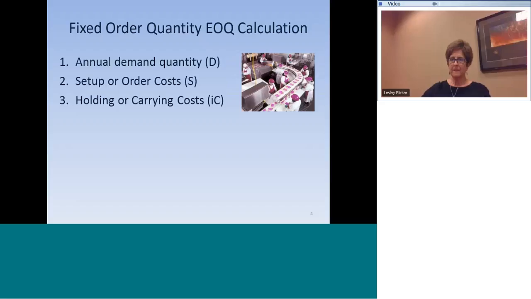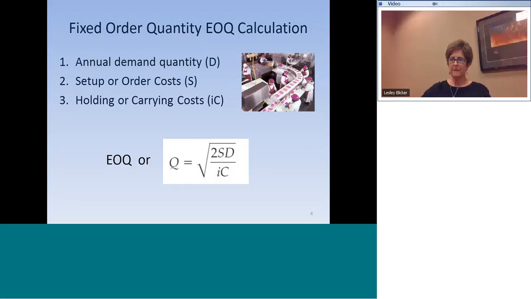The third item we need to know is our holding or carrying costs. Those are the costs to hold one inventory item in our stock over the period of 1 year. For this, we take the interest or carrying charge and multiply it by the unit cost, expressed as IC.